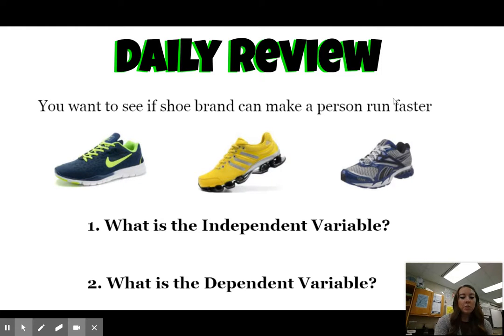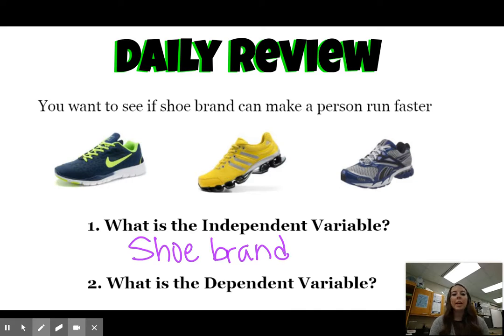All right, so let's go over what our answers will be. Let's see, today we'll do a purple color. Our independent variable is going to be the shoe brand. That is what we are going to be changing. We want to see if the shoe brand can make a person run faster. So what is going to be our dependent variable?